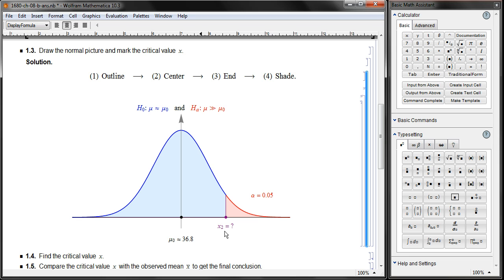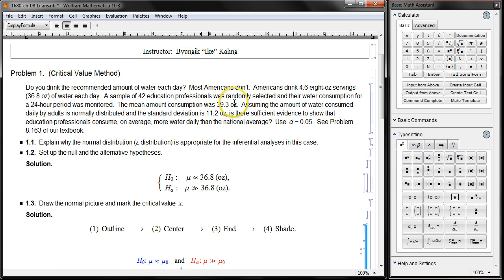What do you mean by null? Well, close enough to the null value 36.8, and alternative too far away, so we can ignore null. And if you have this critical value, X value, then you can compare that with the observed mean of 39.3.